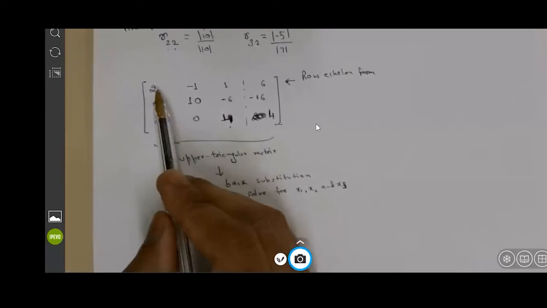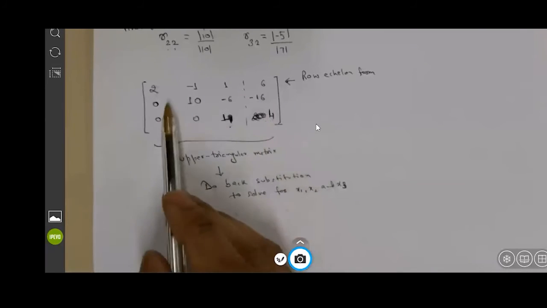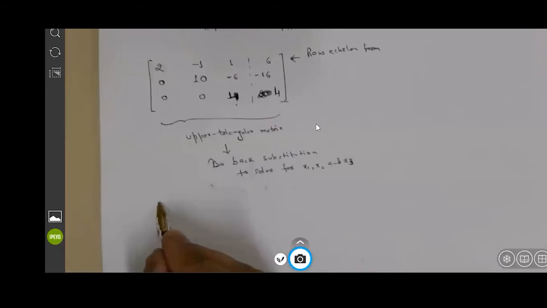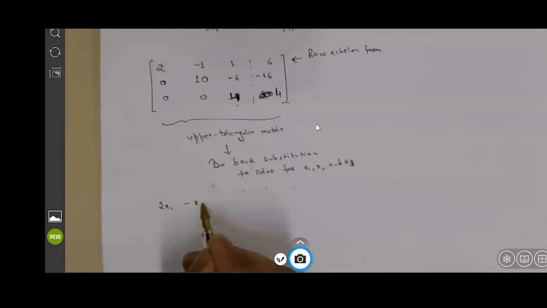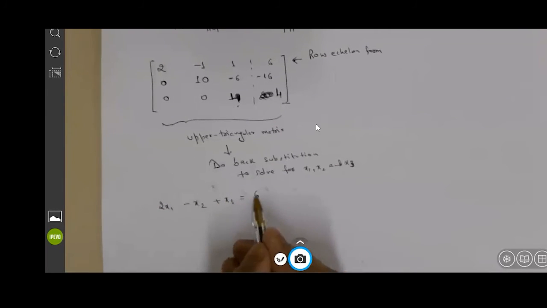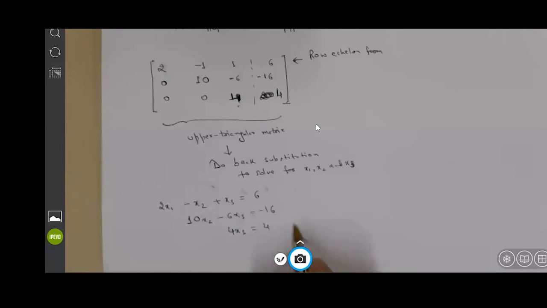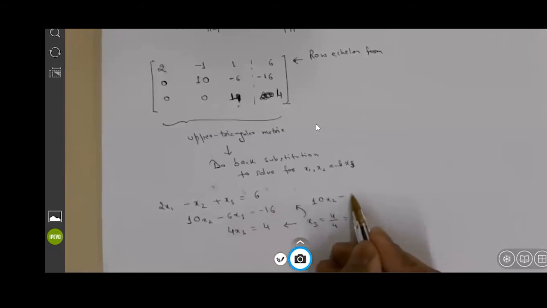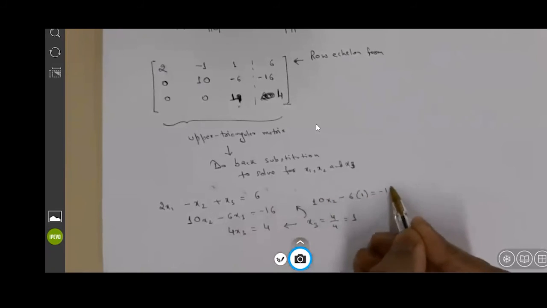So basically now if you rewrite the equation, you get it like this: 2x1 minus x2 plus x3 equals 6. 10x2 minus 6x3 equals negative 16. 4x3 equals 4. So you solve this for x3 first. You got 4 divided by 4 as 1. You use this value in this equation and solve for x2. So it will be 10 times x2, negative 6 times 1 is equal to negative 16.